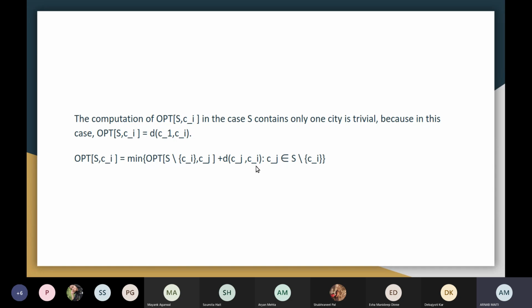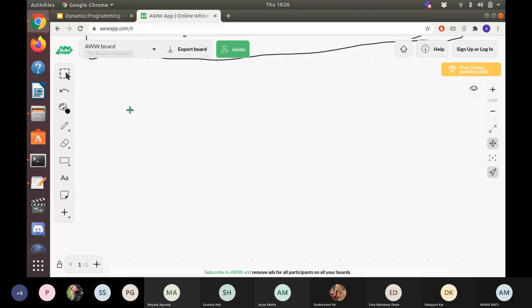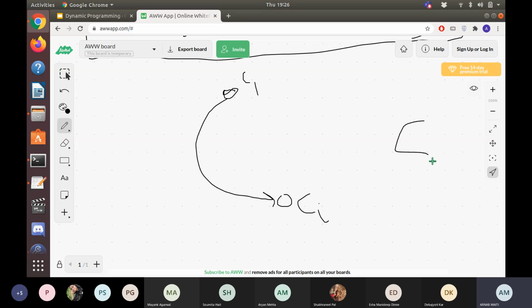It will be better if I explain using a diagram. What you want to calculate is the shortest path from C1 to Ci, covering all the vertices in the set S. Observe that in the optimal solution, there will be a vertex Cj just before Ci.